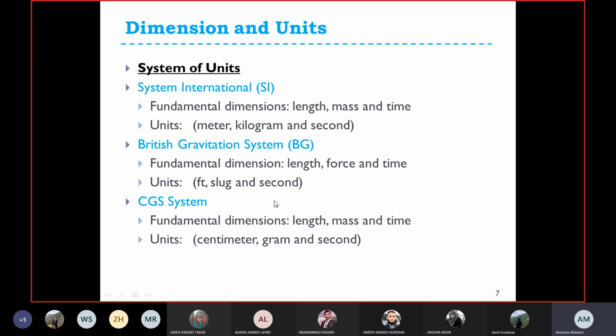So we shall be using these three systems of units in those applications. You should know about the conversions of units while remaining in the same system of units.